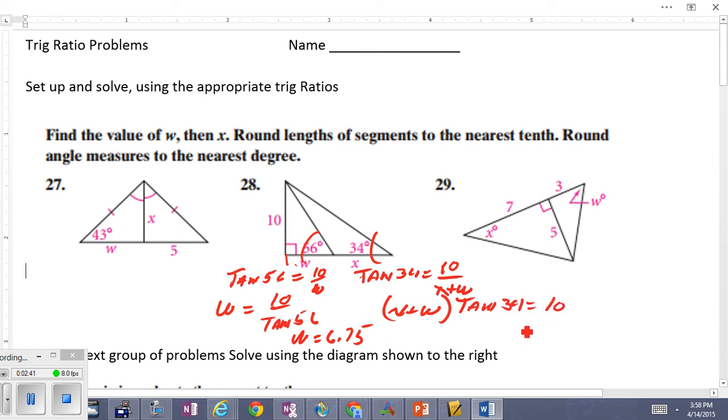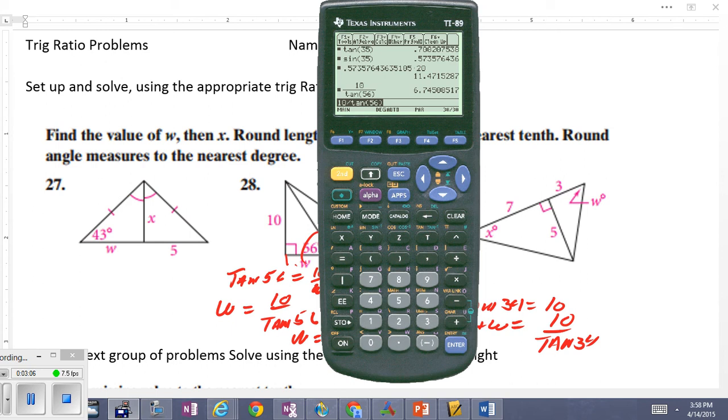Now, this might be easier to solve if I just say x plus w is going to equal 10 divided by the tan of 34. And then I already know what w is, so then I can find what x is going to be. So let's go to our calculator again and figure out 10 divided by the tan of 34.